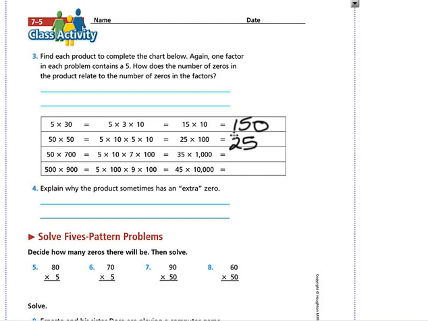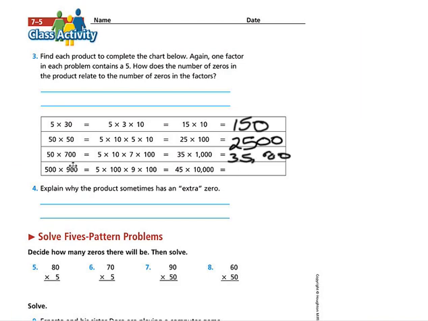And we have 2 zeros, so we add them. 5 times 7 is 35. And then we have 1, 2, 3 zeros. 5 times 9 is 45, and then we have 4 zeros. So when we have 5 times an odd number with a 0 at the end, we have the same number of zeros as we do in the factors.